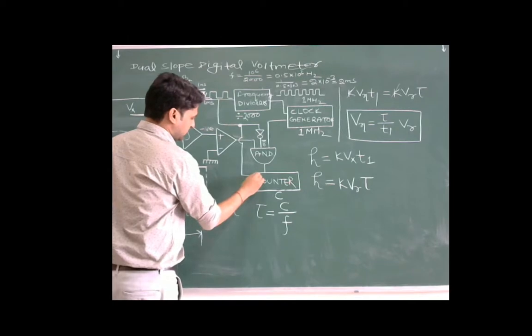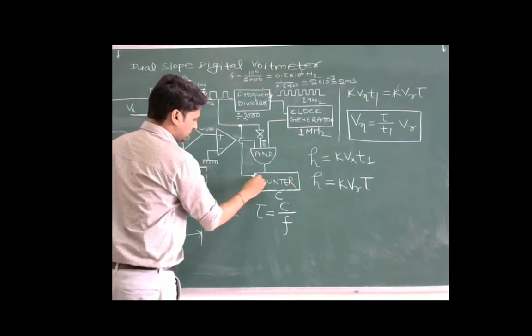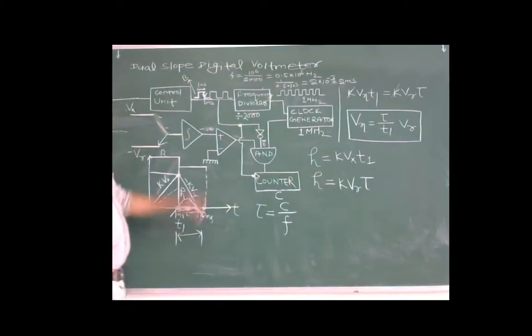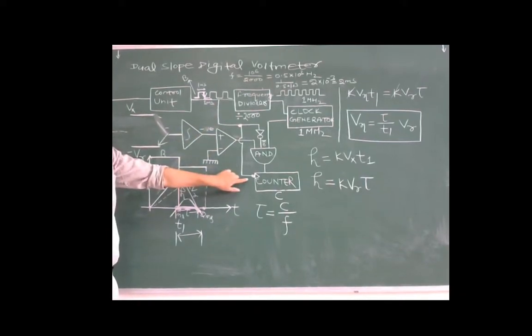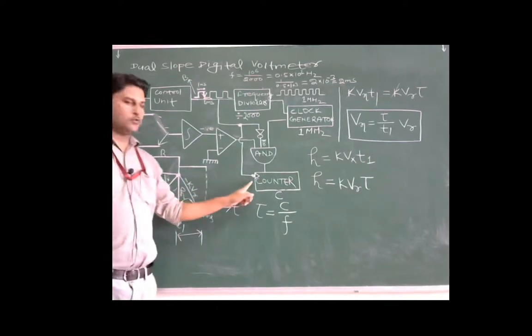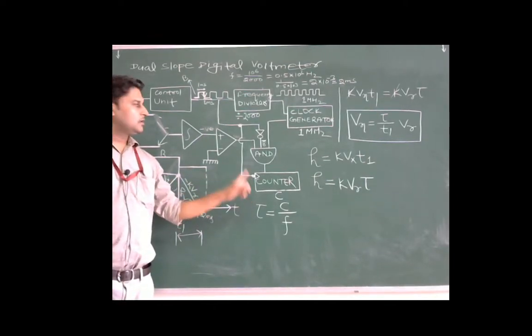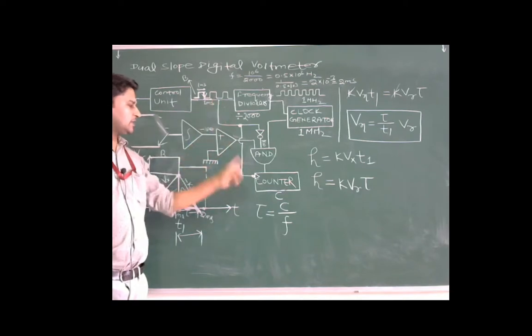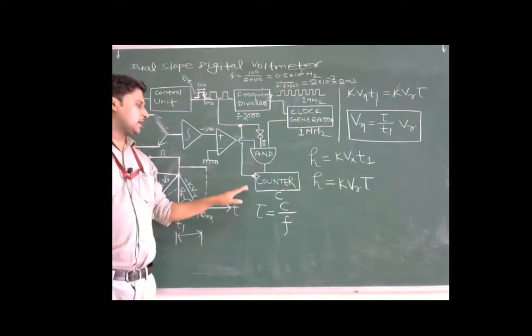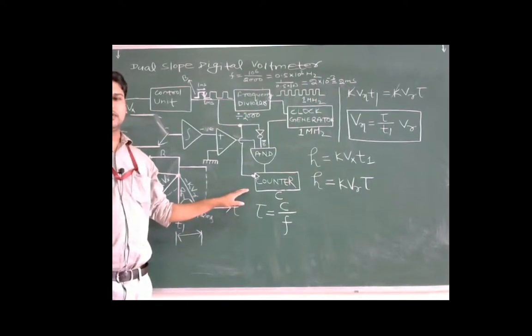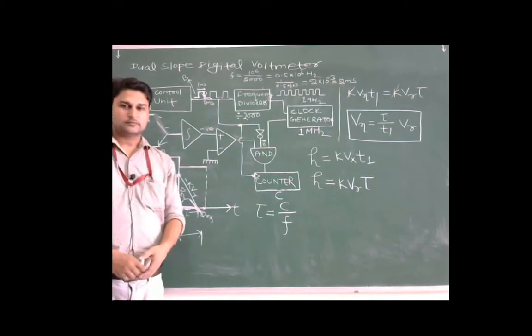This is negative edge triggered. So when this signal goes low, because this is negative edge triggered, it will reset the counter, and after that this counter will start counting. So this is the complete block diagram of the dual slope digital voltmeter.